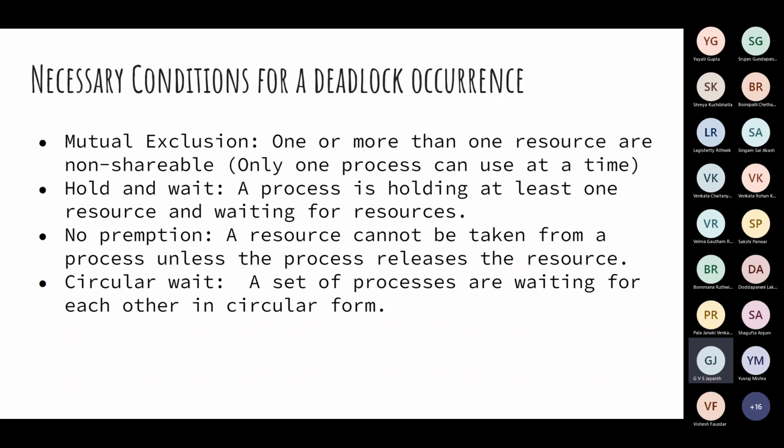And no preemption: a resource cannot be taken from a process until the process releases the resource. And circular wait: even when the second priority process gets the resource, the first priority is not completed, so it goes into deadlock.